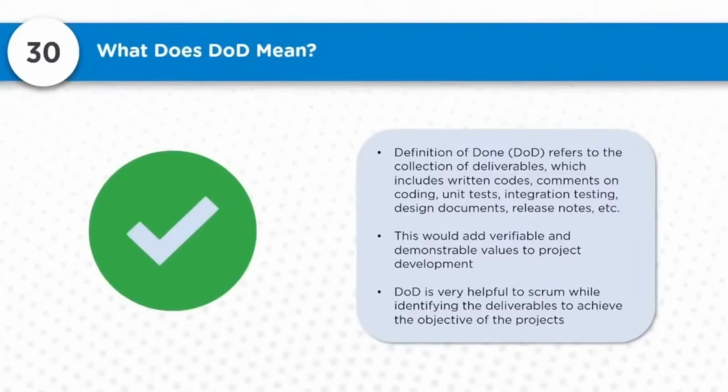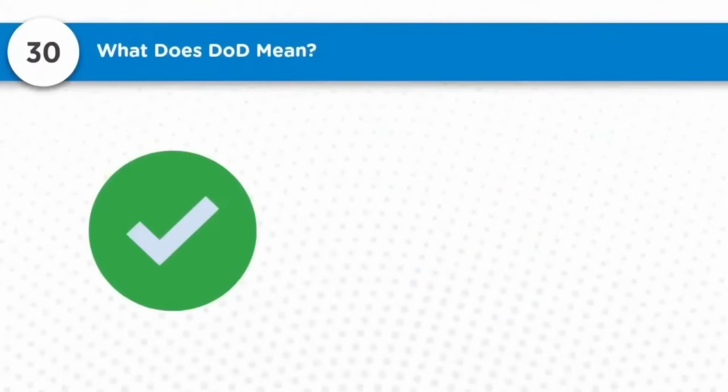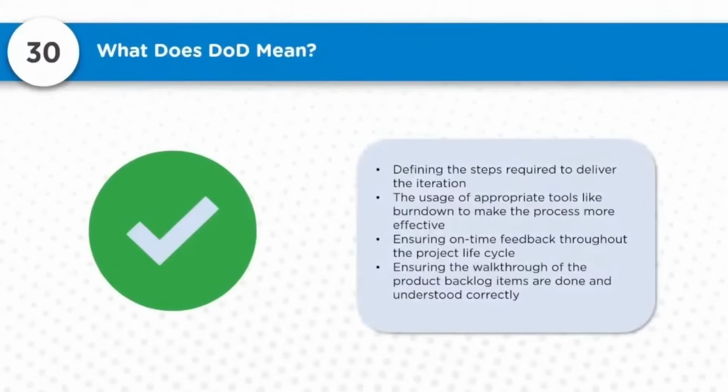DOD is very helpful to Scrum while identifying the deliverables to achieve the objectives of the project for the stated reason above. So defining the steps required to deliver the iterations, the usage of appropriate tools like burn down to make the process more effective, ensuring on-time feedback throughout the project life cycle, ensuring the walkthrough of the product backlog items is done and understood correctly.